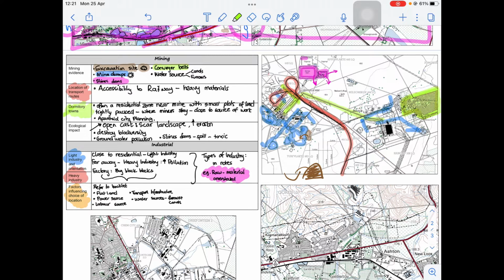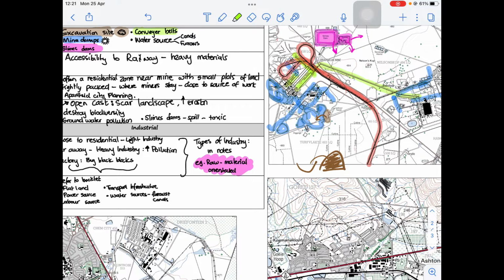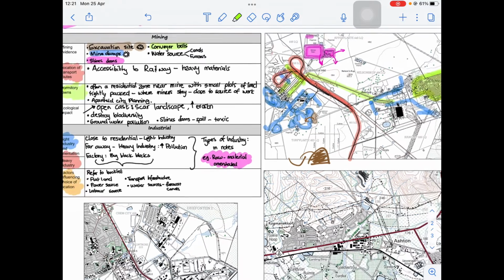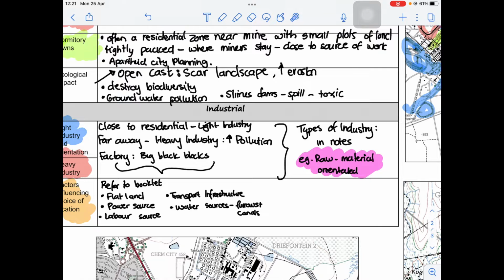And then we need to consider what is the ecological impact. And so consider if there is lots of open cast mining, okay, with those excavation sites and big excavation sites. Consider the size of it. Think about the fact that that can scar the landscape quite extensively, that the more we turn the soil and remove vegetation as the protective covering, we're going to increase our rate of erosion of the land.